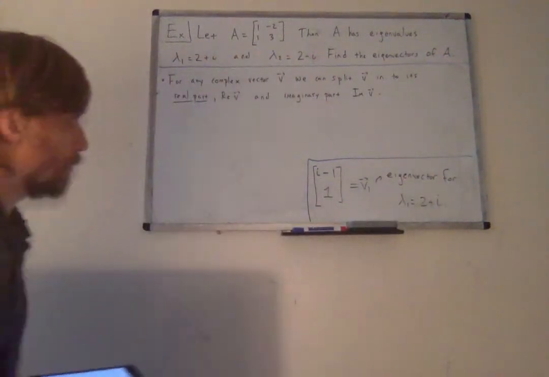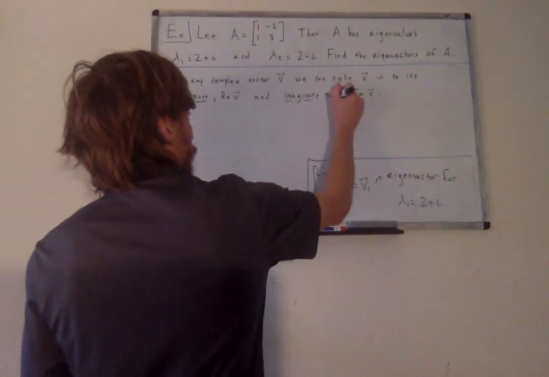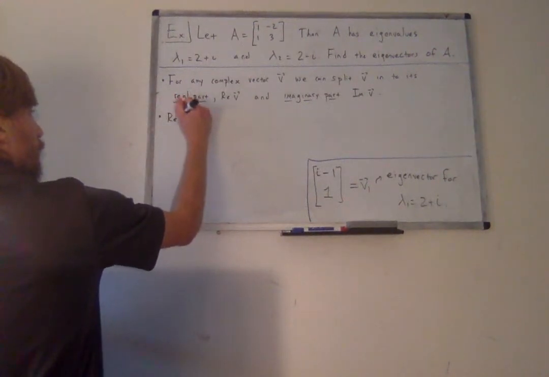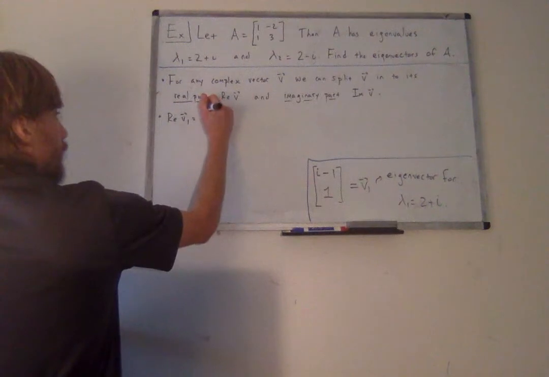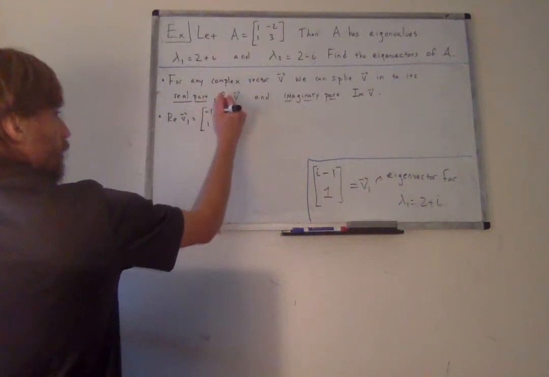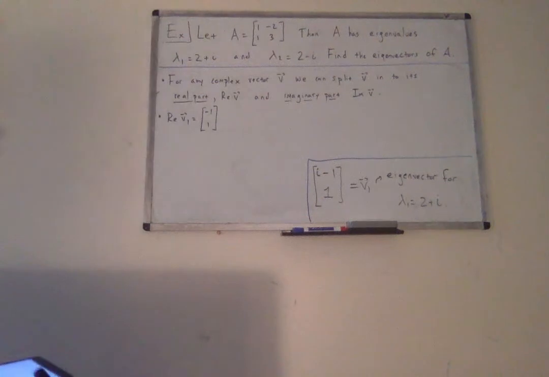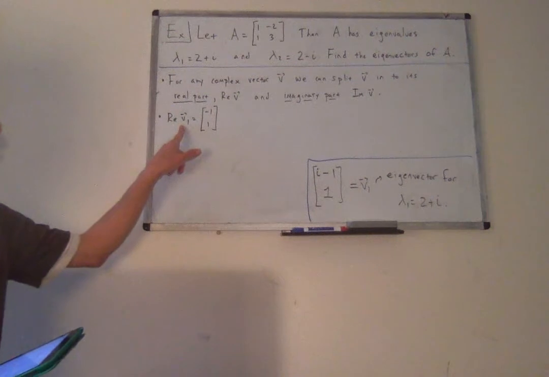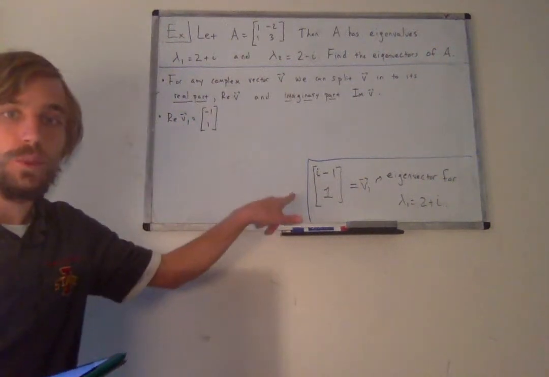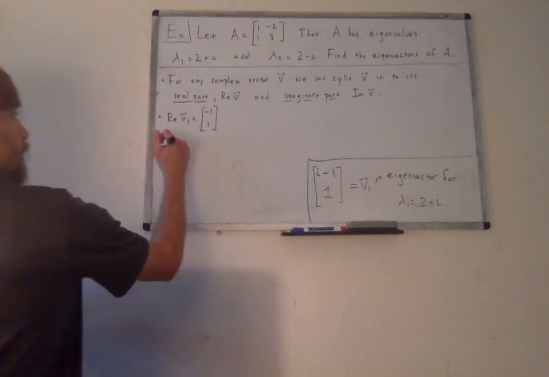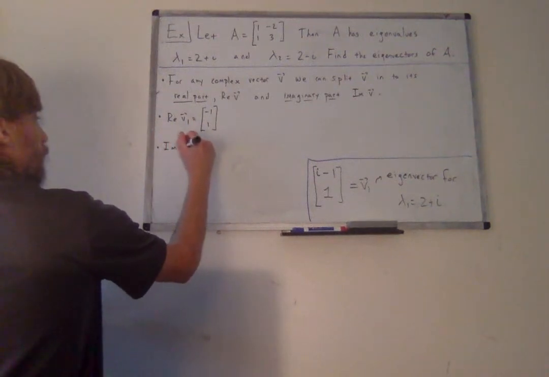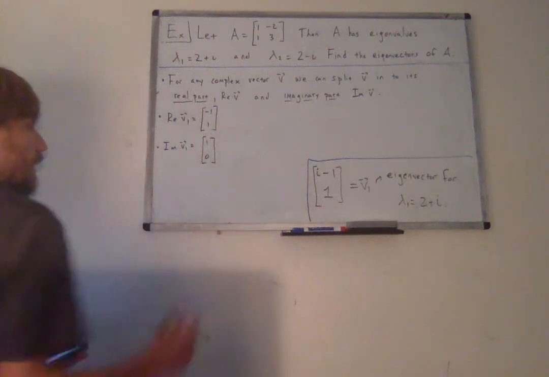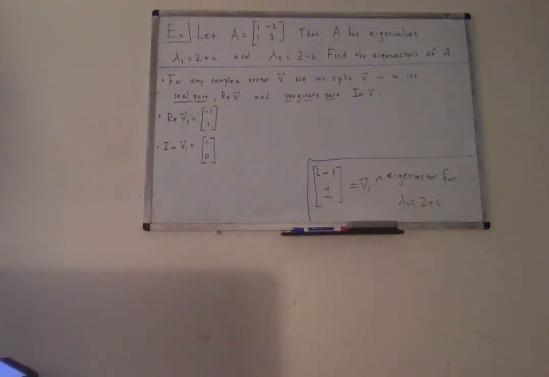And so, again, the real part is just all of the coefficients corresponding to, so if we're looking at this vector v1, the real part of this vector is just the coefficients attached to the real entries of both of these vector entries. And the imaginary part of this vector is the vector containing the coefficients attached to the imaginary parts of these entries.